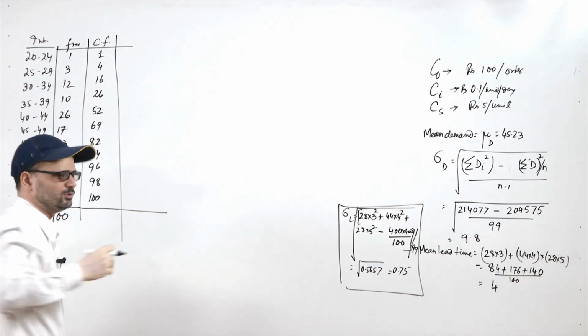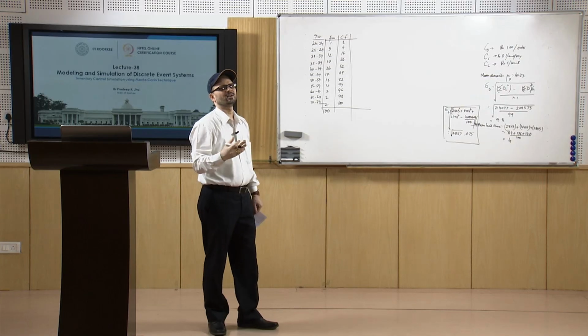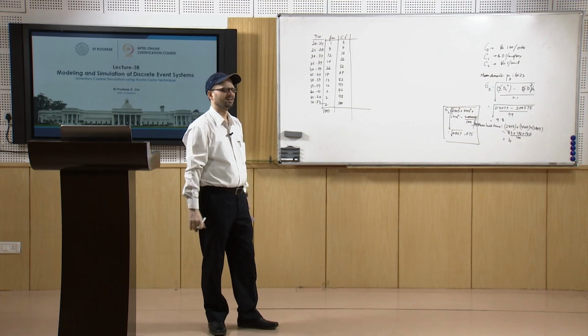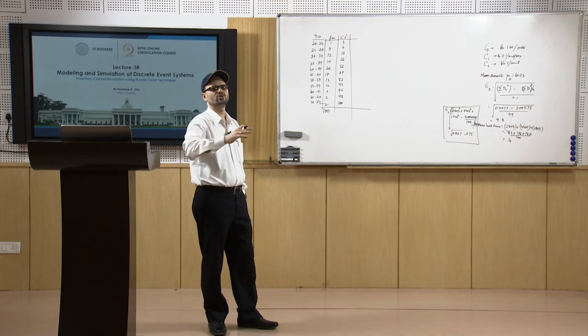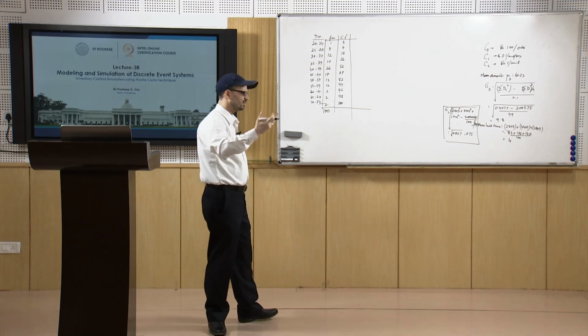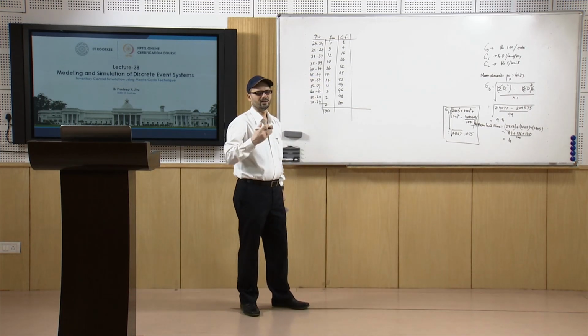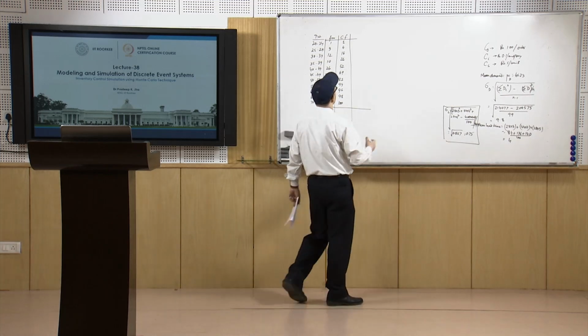As we know, you can generate 2-digit numbers from 00 to 99, or 3-digit numbers from 000 to 999, or even 4-digit numbers. It all depends on how much accuracy you want.